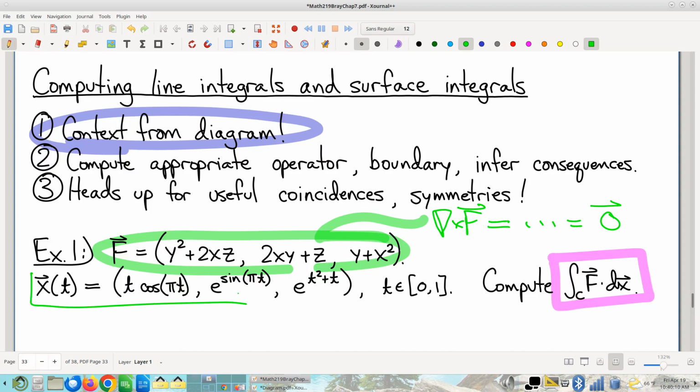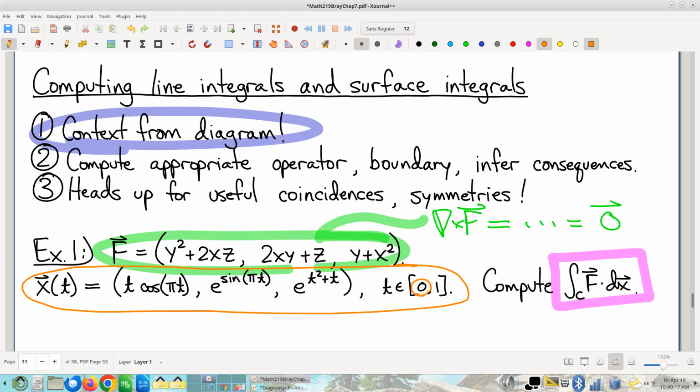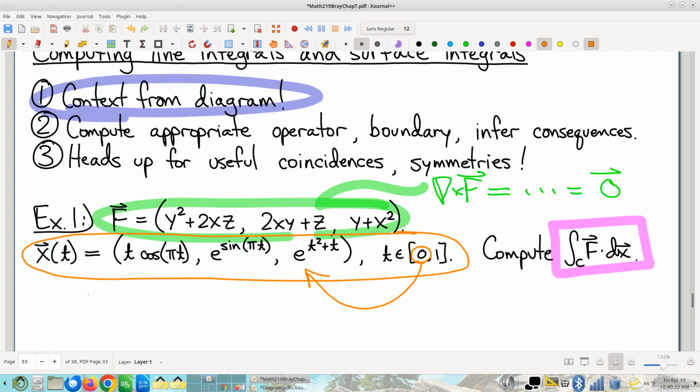For this parametric curve, I'm going to take the starting value of t equals 0, plug it in, see what we get, and we get 0, comma, 1, comma, 1. All right, now we've got to look at the ending point.